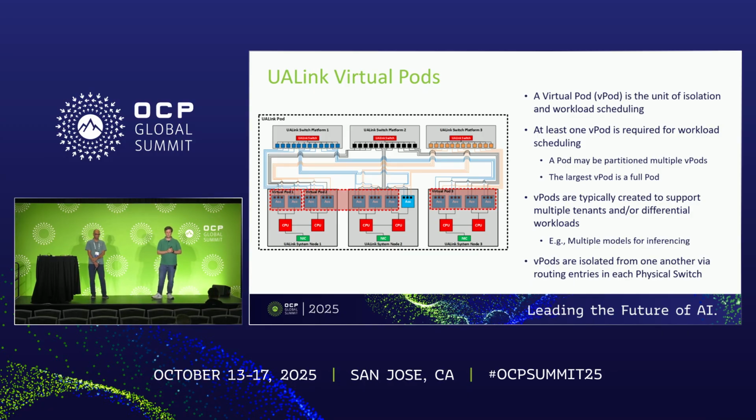In the simplest case, your pod is simply also the virtual pod. They're directly overlapping. Virtual pods can be created to support multiple tenants within a single physical pod, for example, running multiple models for inferencing at the same time. And they are isolated from each other by using route entries in the physical switch.